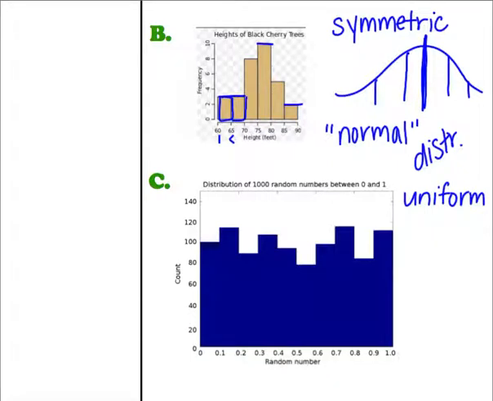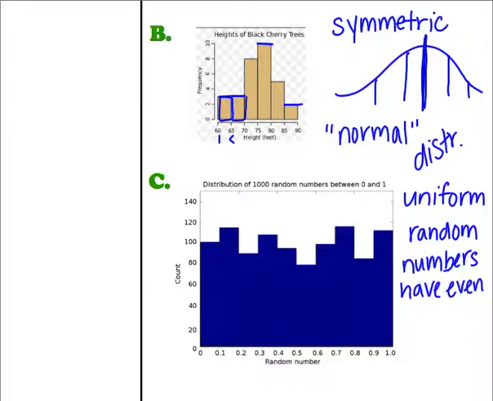There is no one bar that is extremely high or extremely low. And so we would say that random numbers have an even distribution over all intervals.